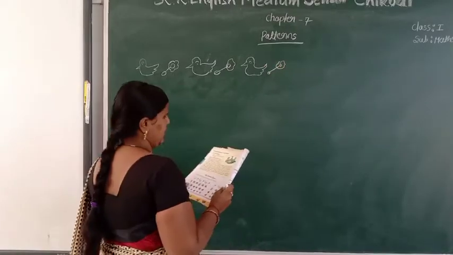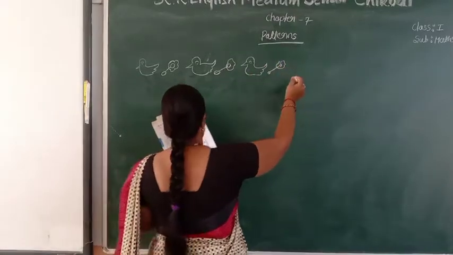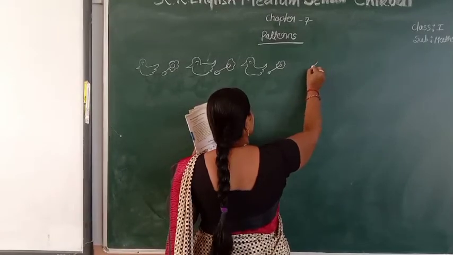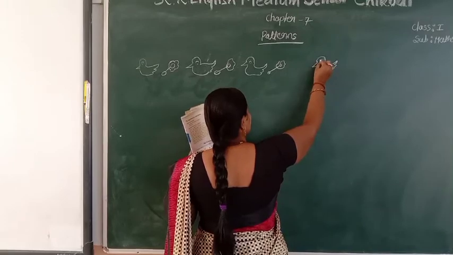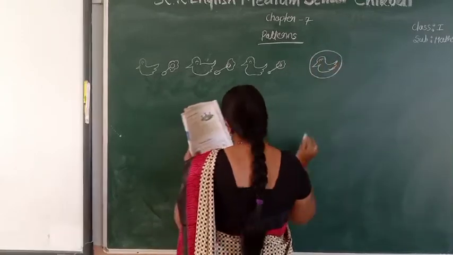So next one is what comes here? Duck. So here duck is there. Just circle it. Next.